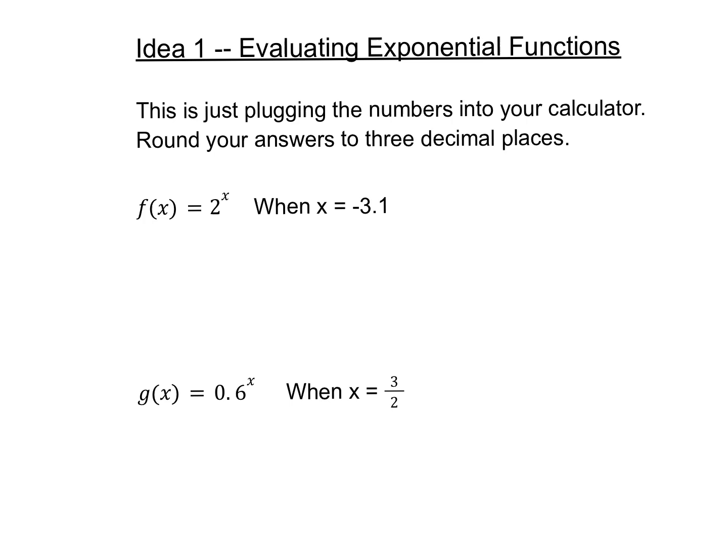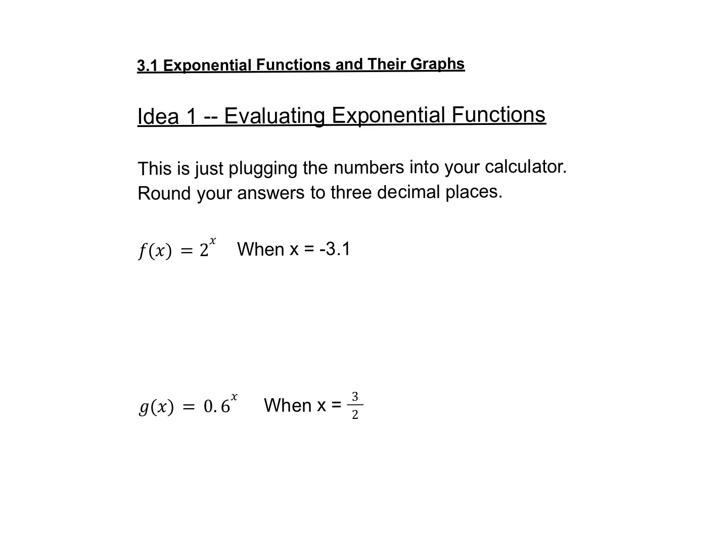So all we're going to do on this first slide here is very simple. We're going to practice knowing how to do it on a calculator. How do we actually put in an exponent into the calculator? So if we have f of x equals 2 to the x power, if I want to know when x equals negative 3.1, all I'm going to do is say what is 2 to the negative 3.1 power.